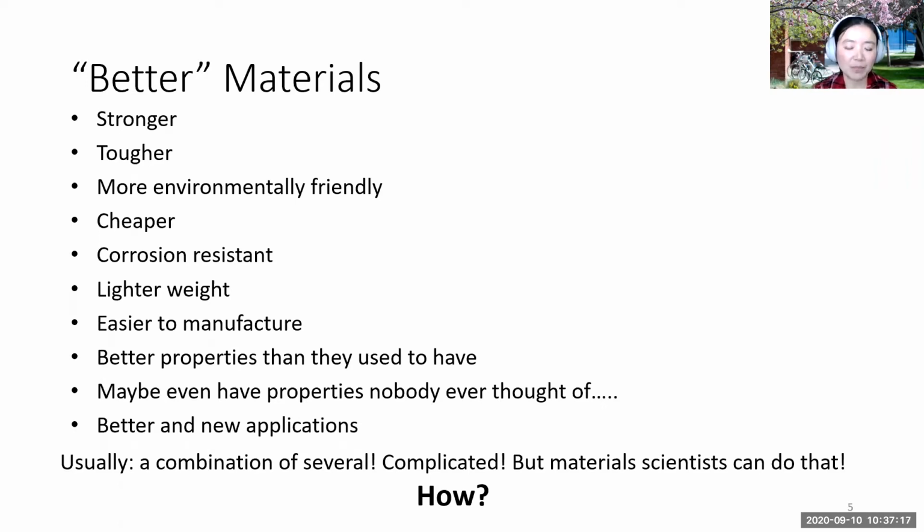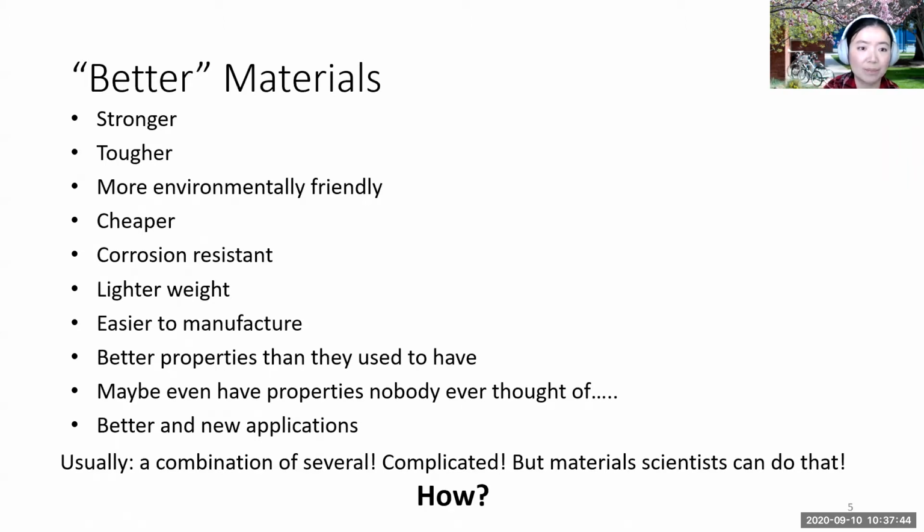Usually we require a combination of all these features, which makes the solution more complicated. It means you need a more complicated material to satisfy the requirements. That's why we need material scientists to help us find better materials.